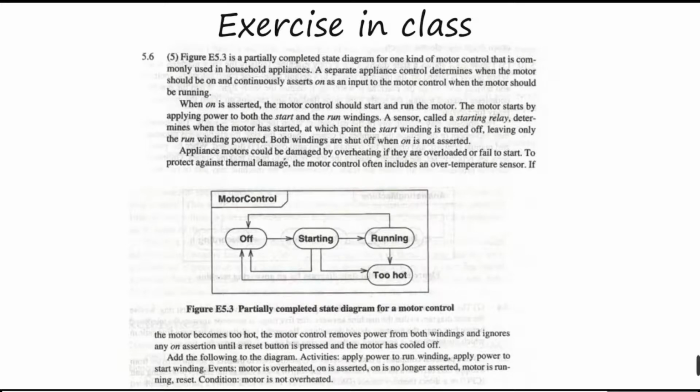And add the following to the diagram. What do we need to do? We need to apply power to run winding and apply power to start winding. We need to add these activities and we need to add events: motor is overheated, on is asserted, on is no longer asserted, motor is running, reset.